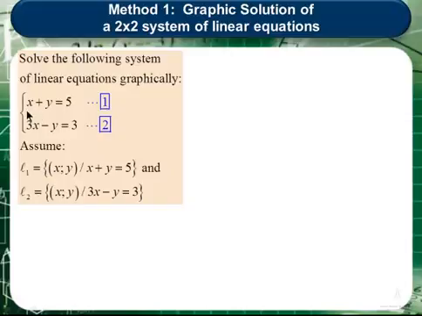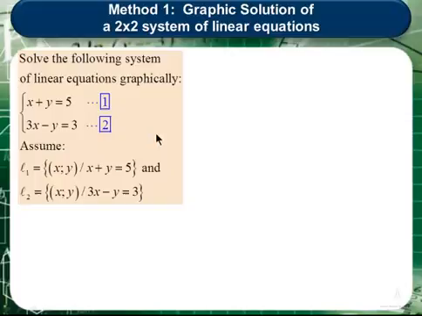What we have to do is sketch both of these equations as functions, where line number 1 linked to equation 1 is the set of all ordered pairs x, y on the Cartesian plane, where the x and the y must satisfy equation number 1. Similarly, the graph associated with the second equation will be the set of ordered pairs x, y on the Cartesian plane where the coordinates x and y satisfy exactly equation number 2 of the system.